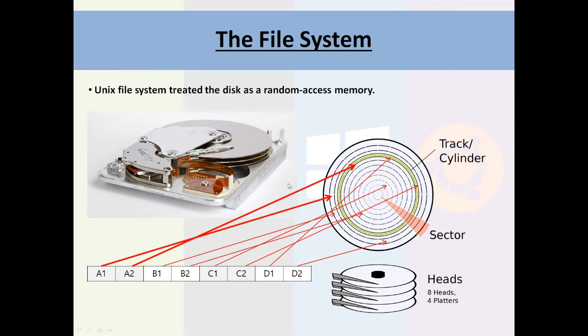Now, why did this result in some performance issues? Well, for example, the data blocks of a file were often very far from each other, or very far from the inode itself.